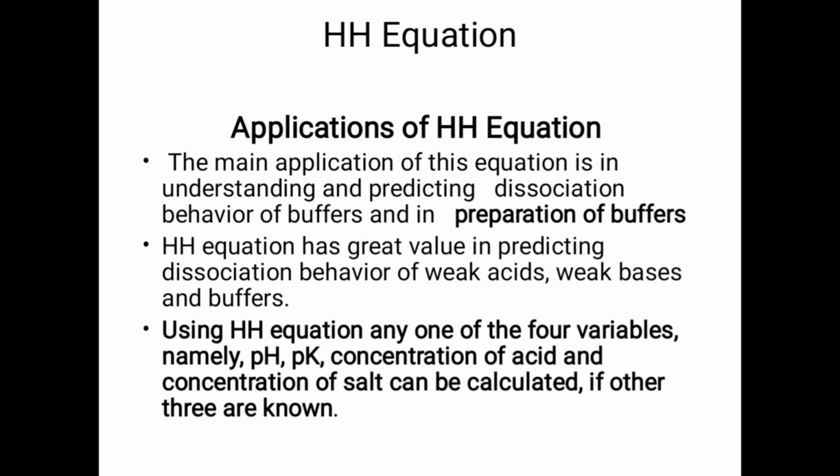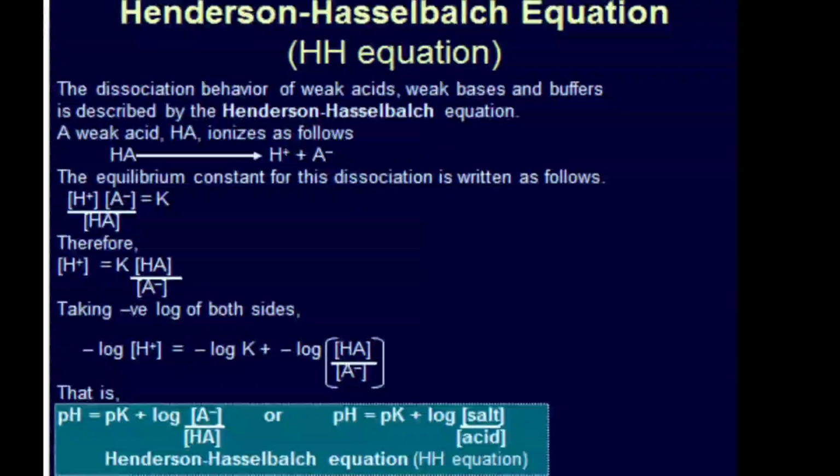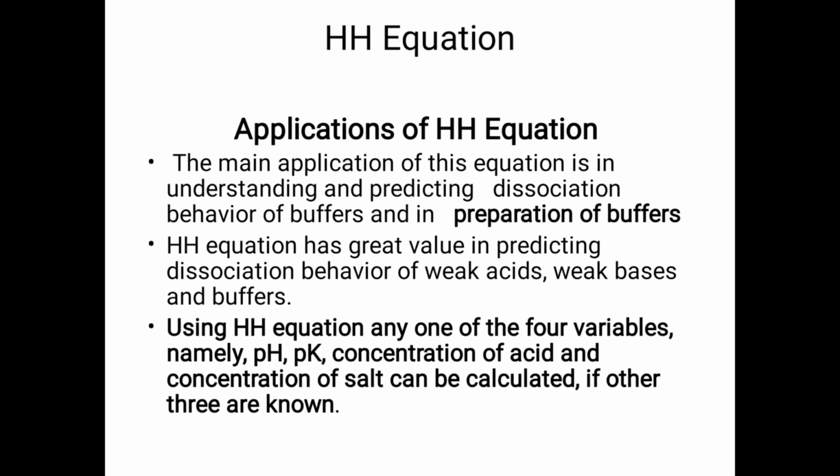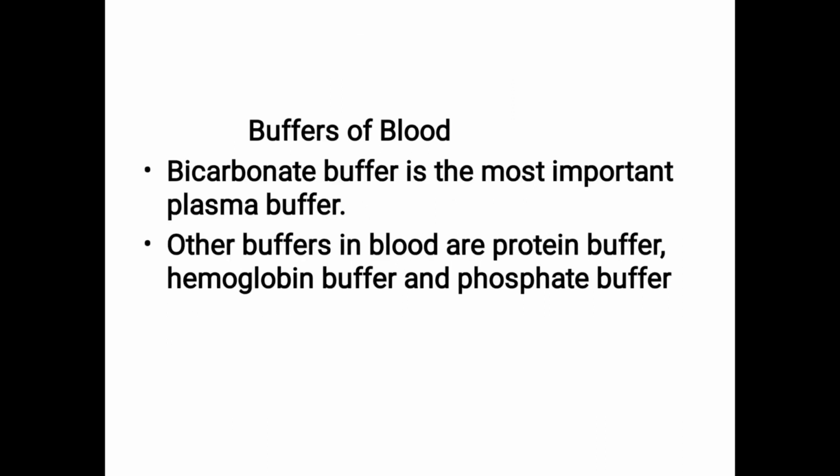Using this equation, any one of the four variables, namely pH, pK, concentration of acid and concentration of salt, can be calculated if the other three are known. We have to substitute and calculate. Okay.